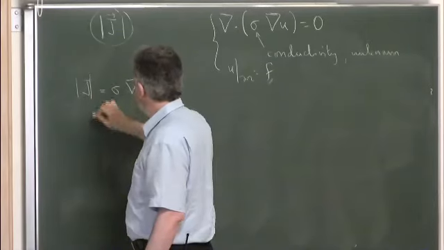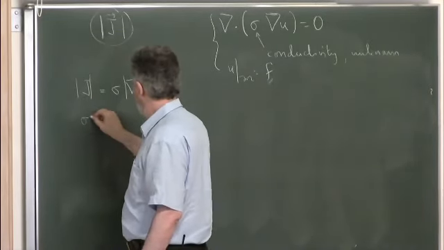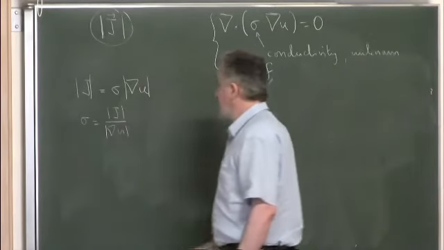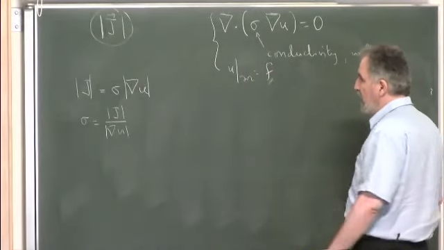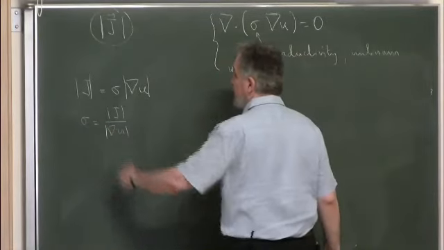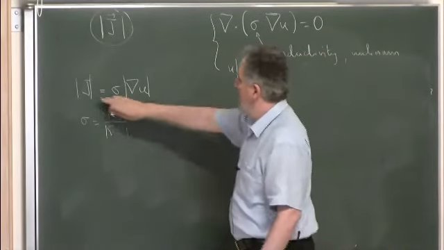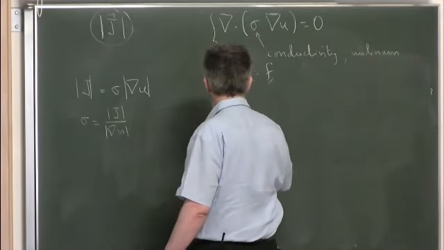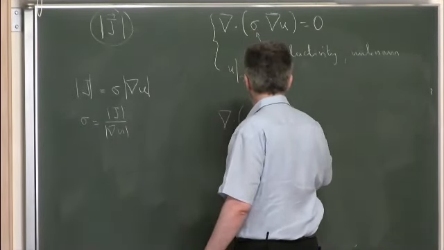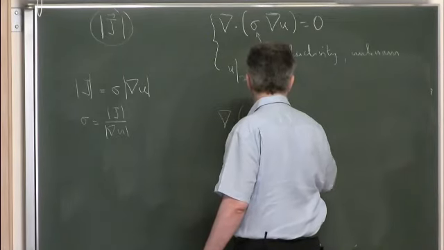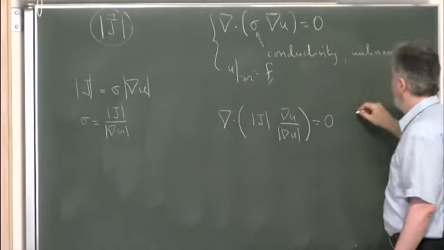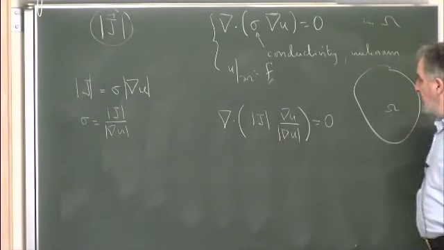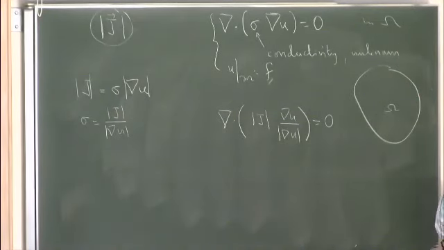Okay, so let's take the magnitude. This is a basic idea which I think first Seo thought about. If you know the magnitude of J, substitute sigma as this quotient, put it back in the equation, and you get this nonlinear degenerate elliptic PDE.